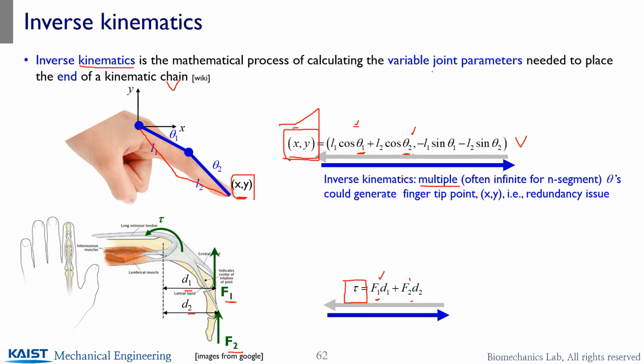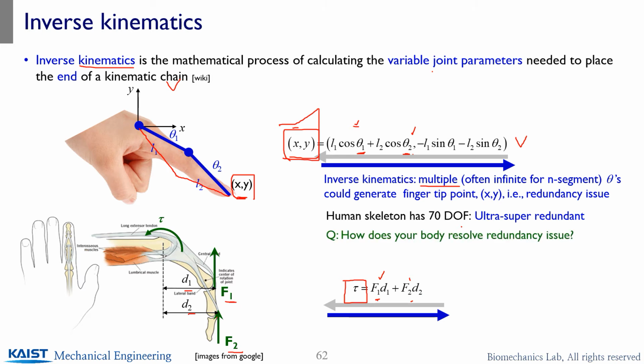So that's the challenge for inverse kinematics, and much motion planning research, like robotics or posture analysis, is handling this issue. The human body is a very redundant system with a very large number of degrees of freedom.